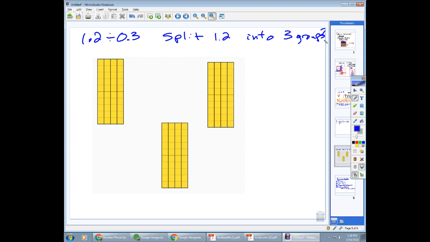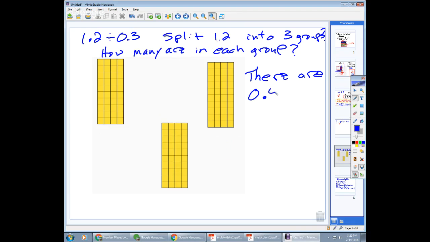It's called the set partition model. How many are in each group? And so then we can say there are 4/10 in each of the 3 groups.